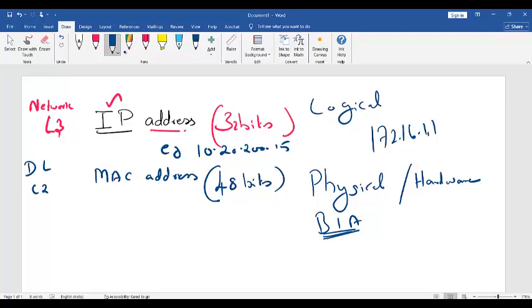The 32-bit we convert into decimal and we write. Same way, if you take a MAC address, it is not written in binary, but it is written in hexadecimal. Very important. Here we write in decimal. Here we write in hexadecimal.